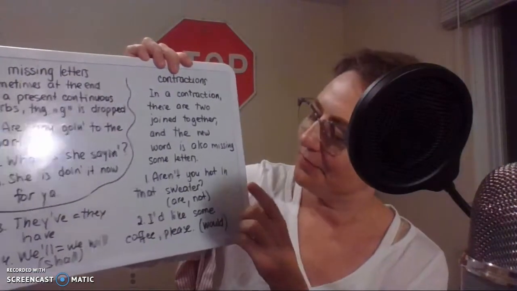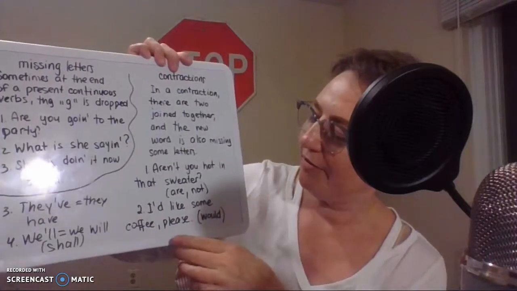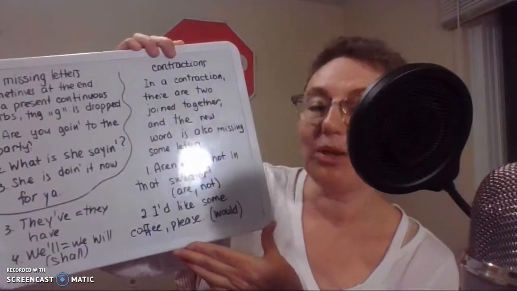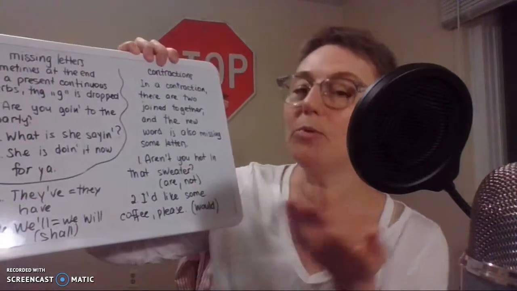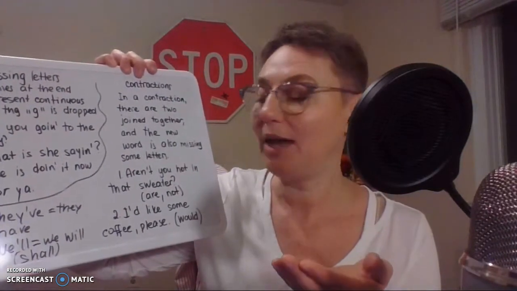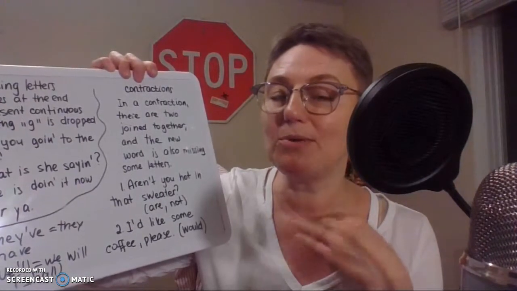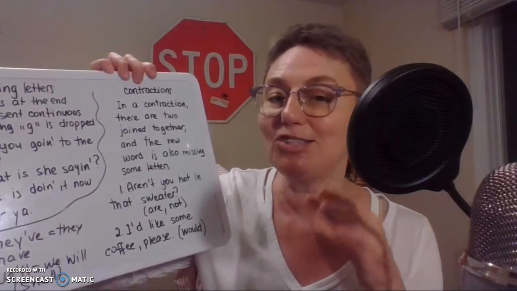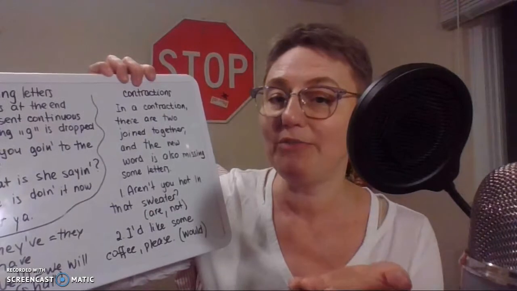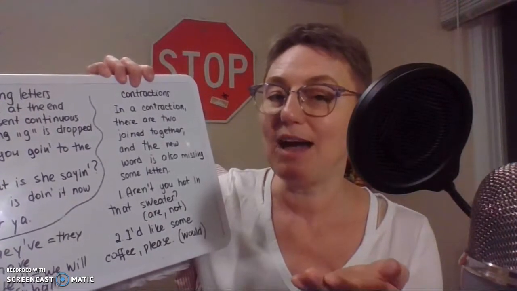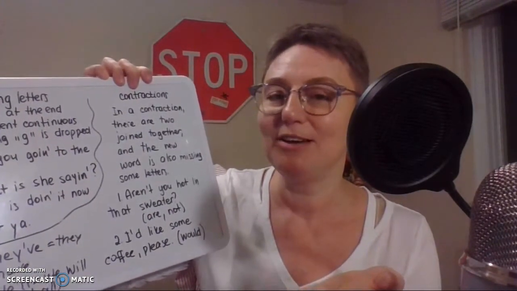Okay. Next, I'd like some coffee, please. Here we can see it is I and would, and would is contracted just to the letter D. So most of the word is not here. It's just the letter D. I'd like some coffee, please. Or I could say, I would like some coffee, please. Formal.